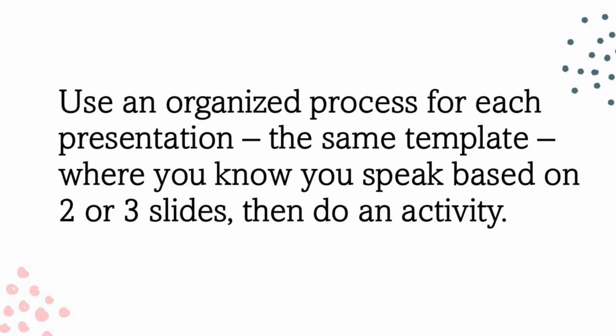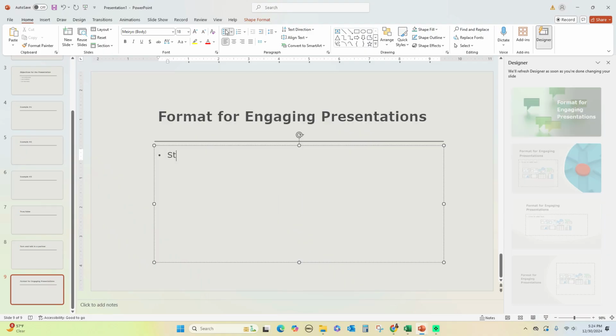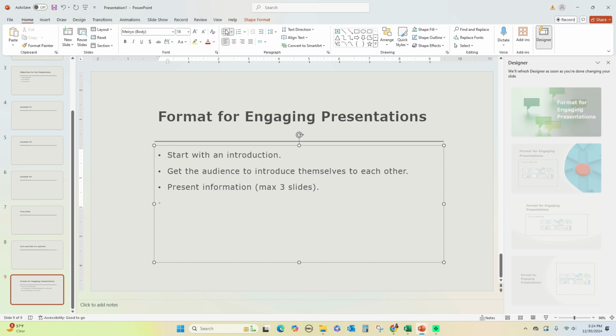So the best format, I'm going to say, start with an introduction, get the audience to introduce themselves to each other, then present information, maximum 3 slides, then have them do something engaging. Get them involved.